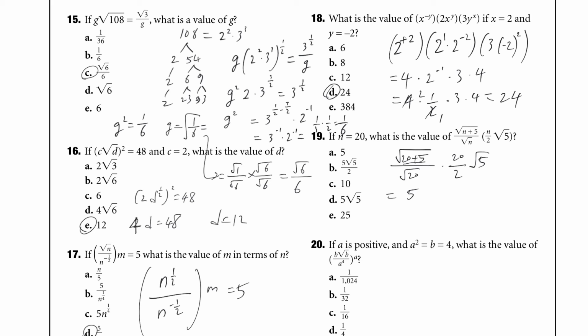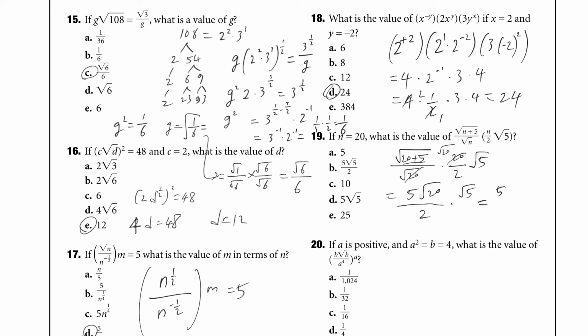And then 20 and square root of 20, because 20 is the same thing as saying square root of 20 to the power of 2, so they cancel, and that gives you square root of 20. And that's over 2 times square root of 5, right?